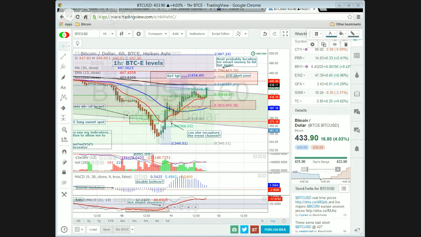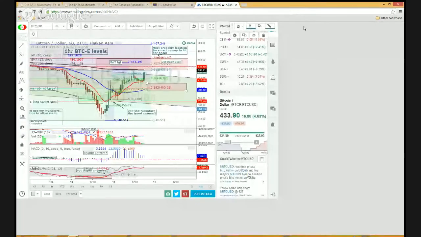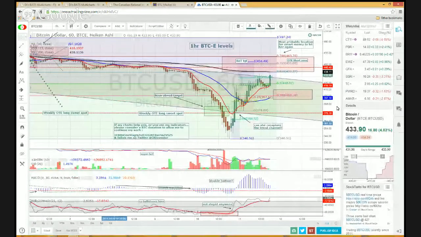Wow, now we're seeing a BTCE surge here. You see my screen? Holy power move, Batman. Look at that. Isn't that weird?